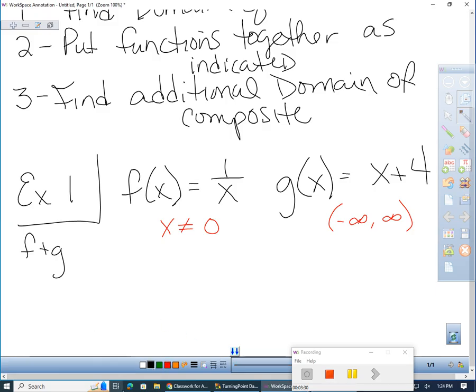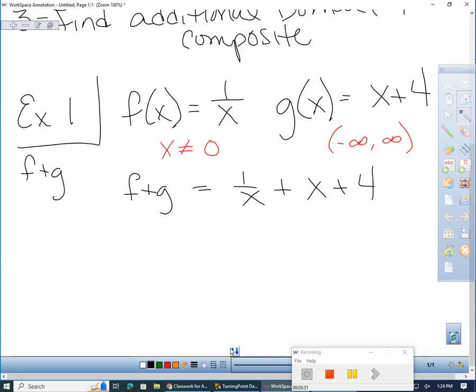Now we're going to put the two together. So f plus g equals 1 over x plus x plus 4. Then we look to see if there's any additional restrictions.